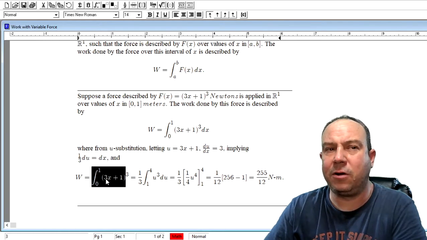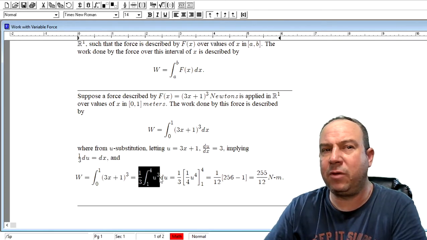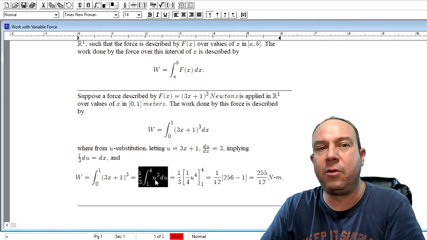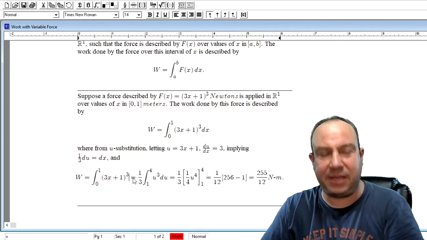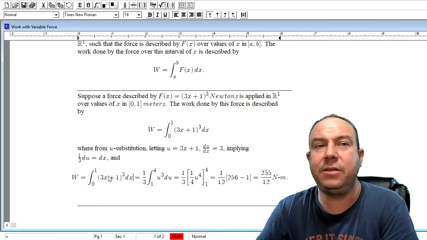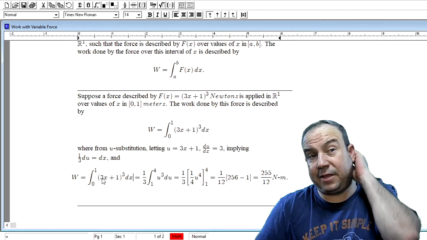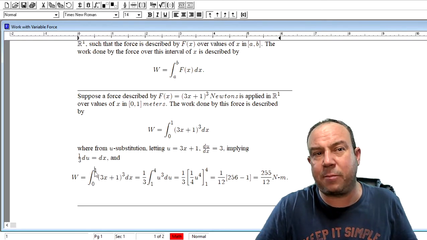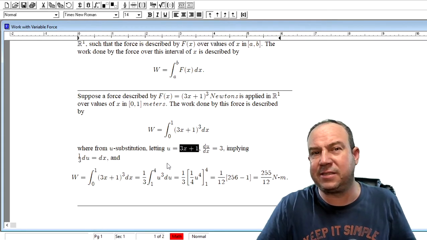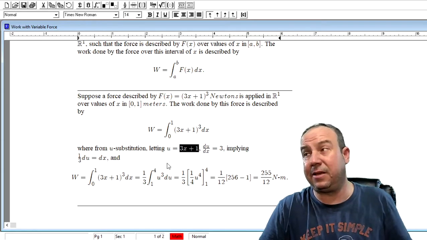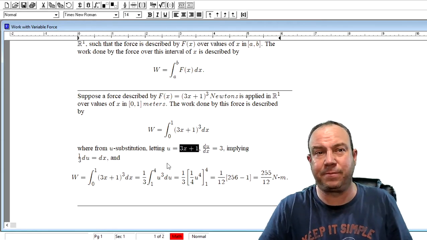And our integral can be rewritten into this form seen here, the 1/3 du replacing the dx in our calculation. The 3x plus 1 is replaced with u, and then we can adjust our bounds from 0 to 1 to 1 and 4 using the relationship between u and x in our initial substitution.